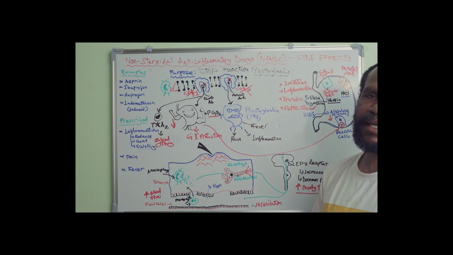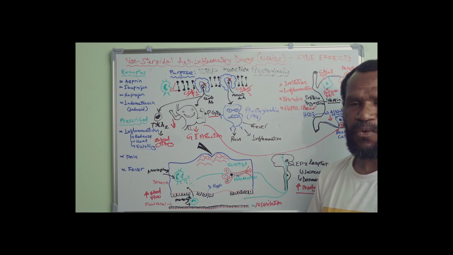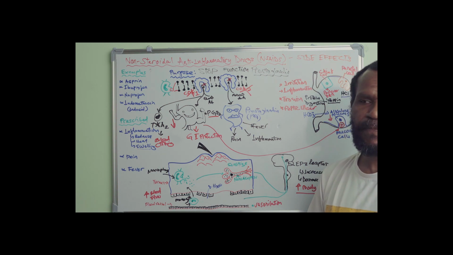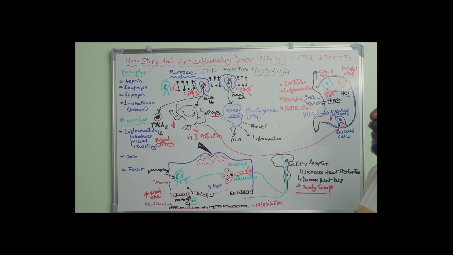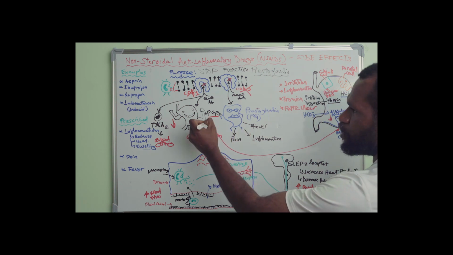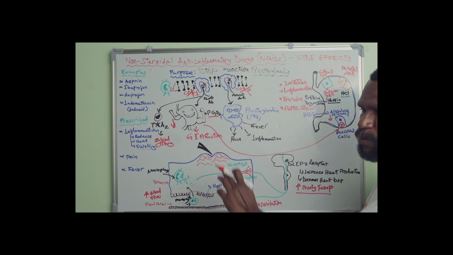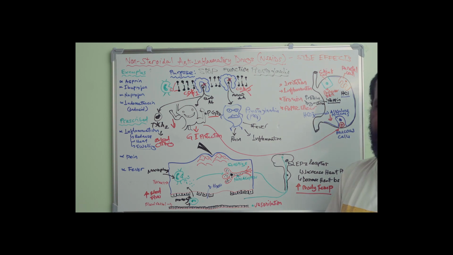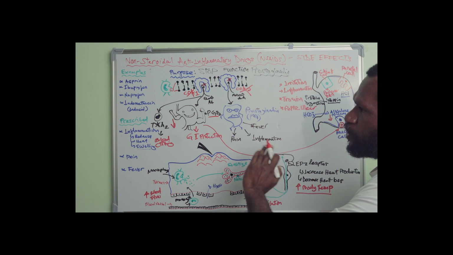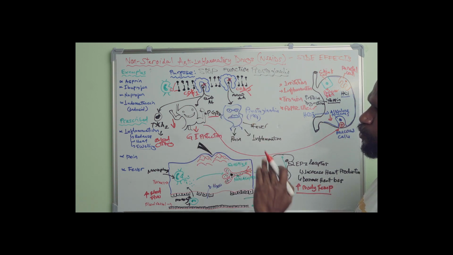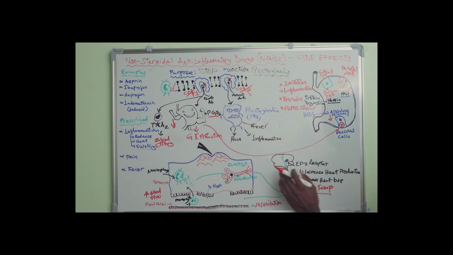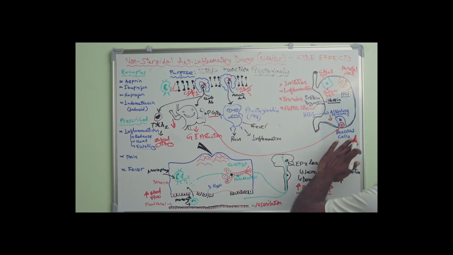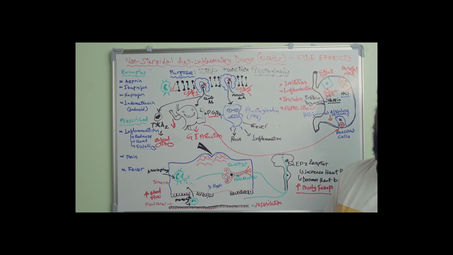If you are taking NSAIDs for like 1 week or so, it won't affect you, though it will reduce the amount of prostaglandin. But once you stop taking the drug, the COX-1 enzymes will start to do their work, and they will produce prostaglandin that will stimulate the mucus cells to secrete mucus, and it will protect the lining of the stomach.